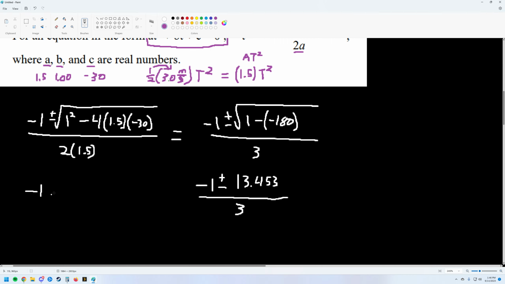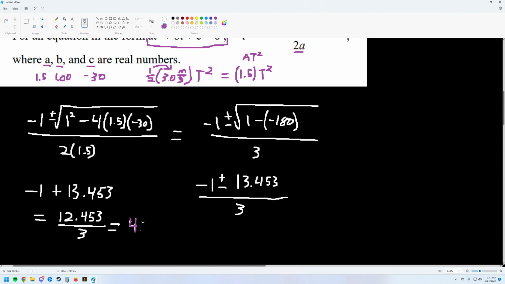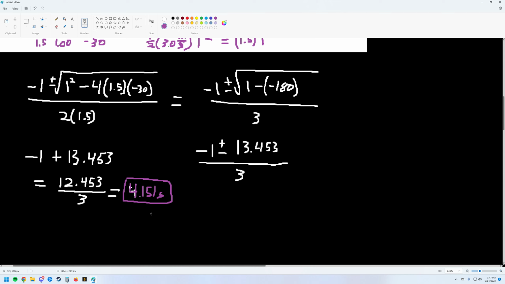So if we have negative 1 plus 13.453, it's going to give us 12.453, and that's all over 3, which is equal to 12.453 divided by 3, 4.151. And that'll be in seconds. So that's our first answer to the question.